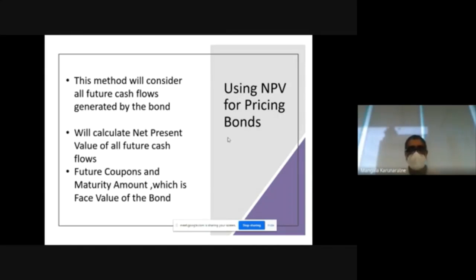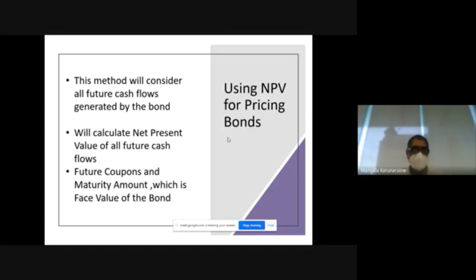The future cash flows are the future coupons and the maturity amount. When we say maturity amount, it is the face value, no? Irrespective of the price at which you purchase a bond, whether at a higher price, which we say is at a premium, or a lower price, which we say is at a discount, at maturity the issuer will pay you the face value.